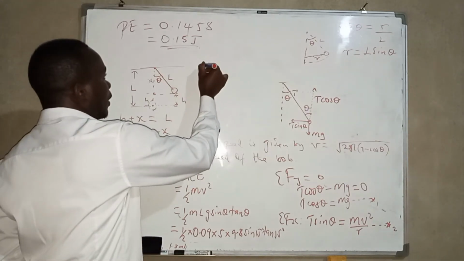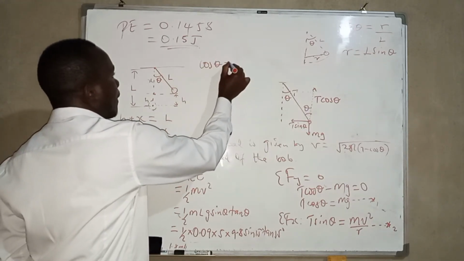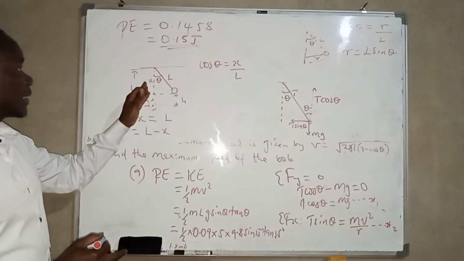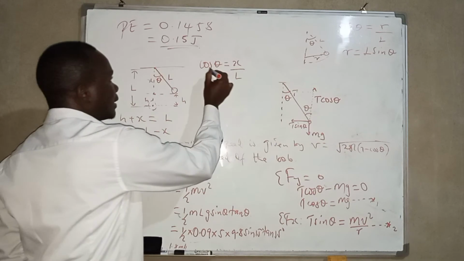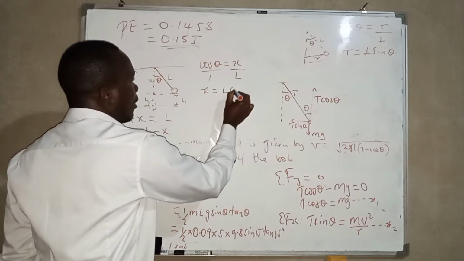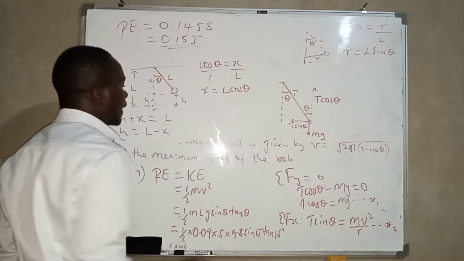And from SOHCAHTOA, cos theta will be equal to X over L, which is adjacent over hypotenuse. And when we make X the subject, we are going to have X equal to L cos theta.